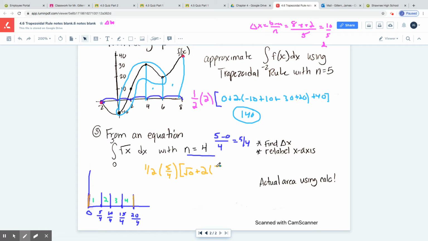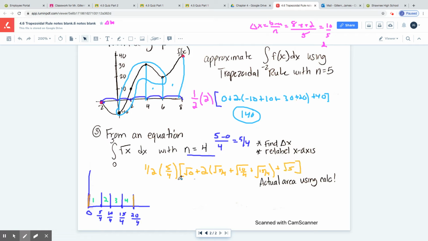It's the square root of 5/4 plus the square root of 10/4 plus the square root of 15/4. And I end the parentheses there because only these three, 5/4, 10/4, and 15/4 are getting counted twice. And then add whatever the square root of 5 is.